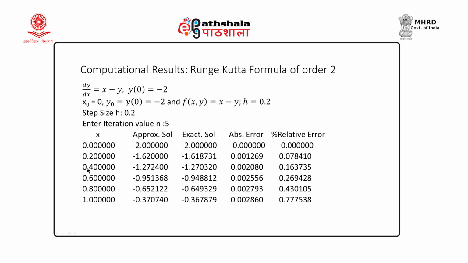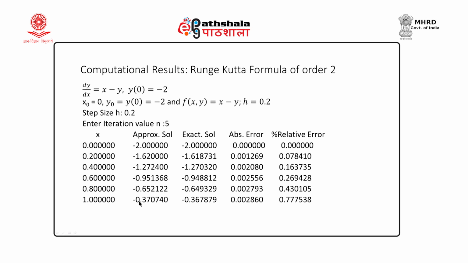Now, this is used to calculate y_2 at x_2 equal to 0.4, which comes out to be minus 1.2724. Again new k_0 and k_1 will be calculated. So, x_3 becomes x_2 plus h, that is 0.4 plus 0.2, and y_2 is minus 1.272. New values of k_0 and k_1 are calculated, and this is how the series of approximate solutions is generated.